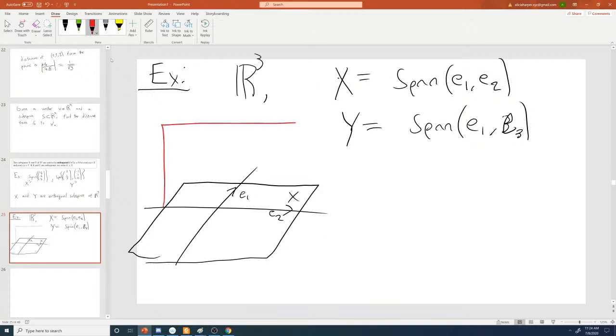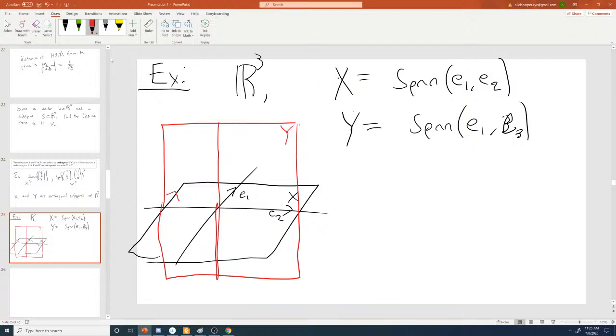So it looks something like this. And so now you have a space X and a space Y. These are both planes. And if you look at them, you'll note that the angle between them is 90 degrees.